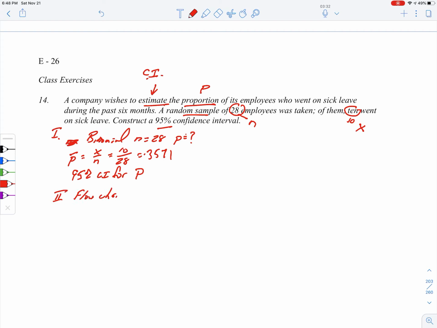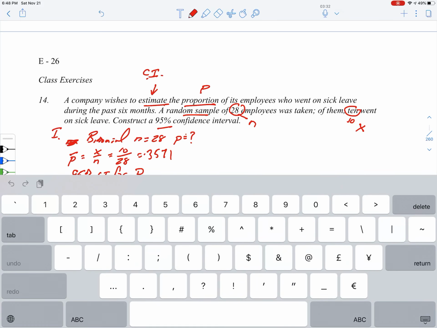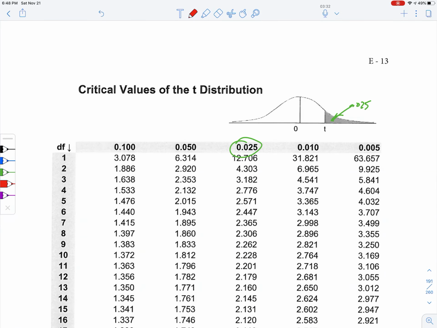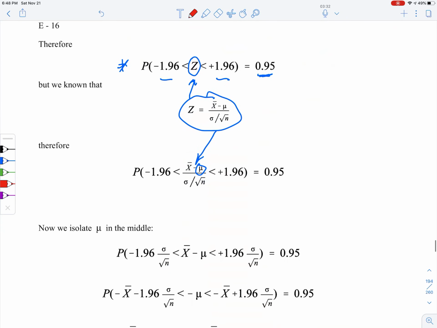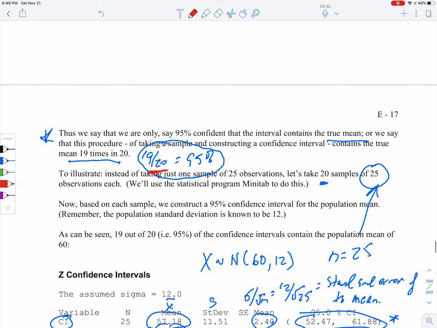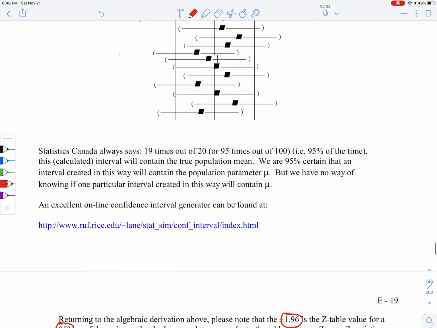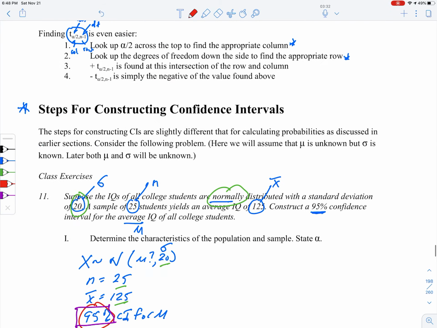Step number 2 is the flow chart. So let's take a look at the flow chart. And that's back a few pages here. I think it's about right here. Well, that's the t-distribution. We'll need that one later. Actually, we won't need it for this kind of problem.